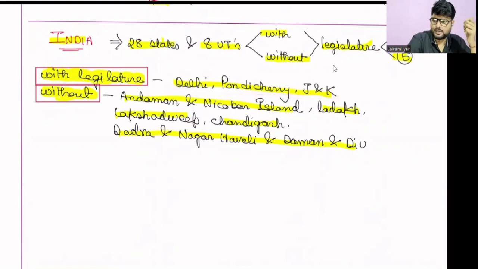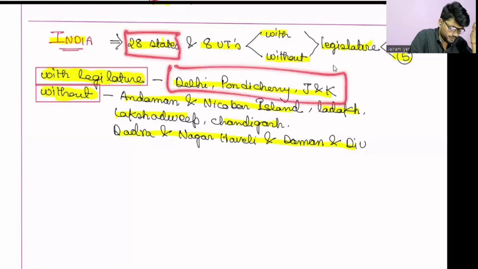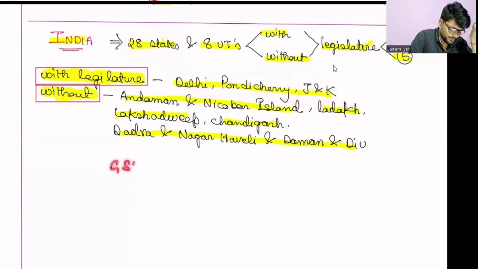So actually, how many states are there for GST? How many states did it become? It became 28 normal and 3 with the legislature. Correct. So as per GST, there are 31 states and 5 UTs.